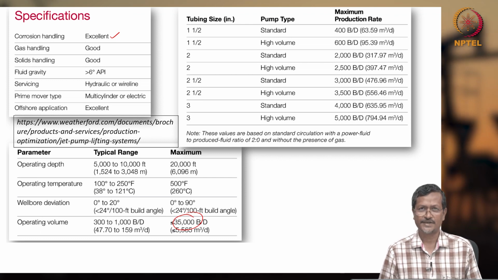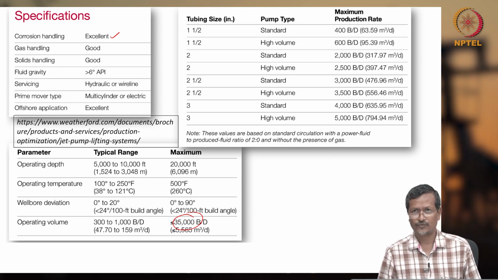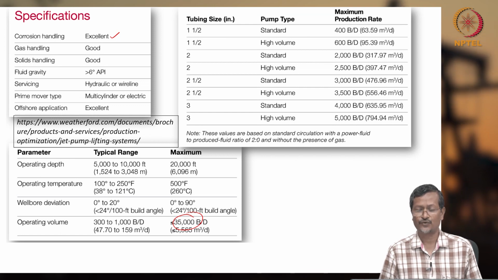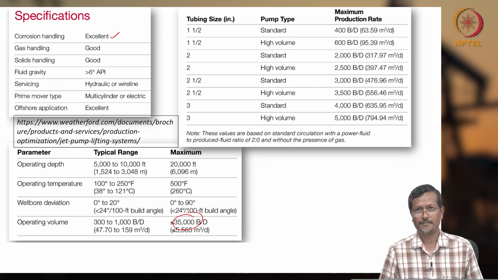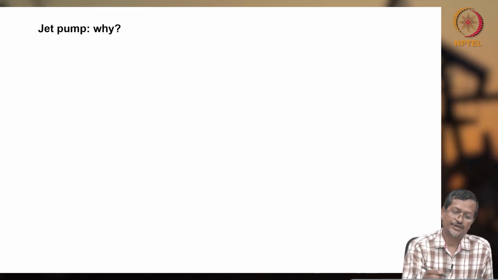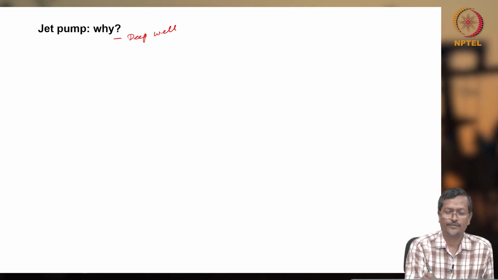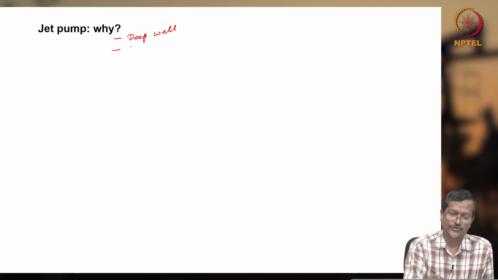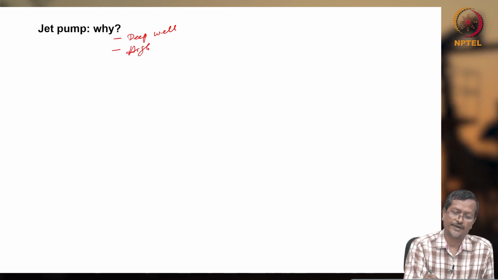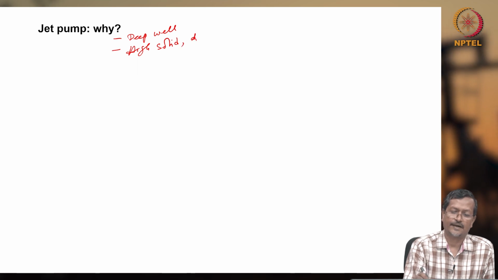When tubing size is very narrow, your flow rate also becomes low. You can see 400 barrels per day, and for high volume the barrels per day also increase. So you can use the jet pump for deep wells. You can use it for high solid content, sand, and high gas also.